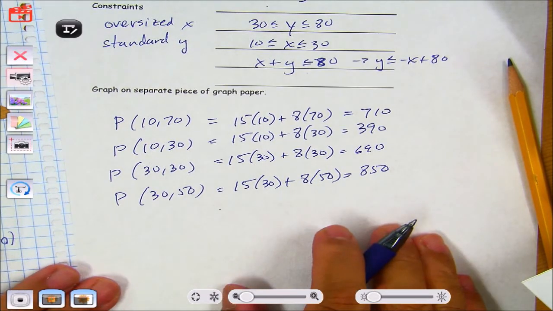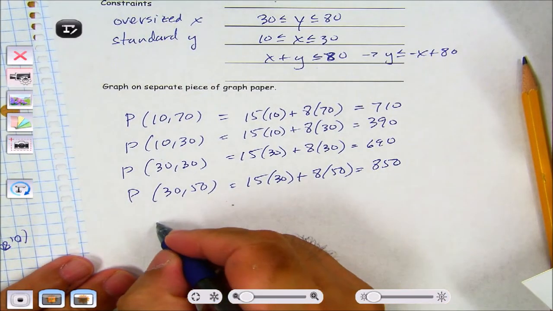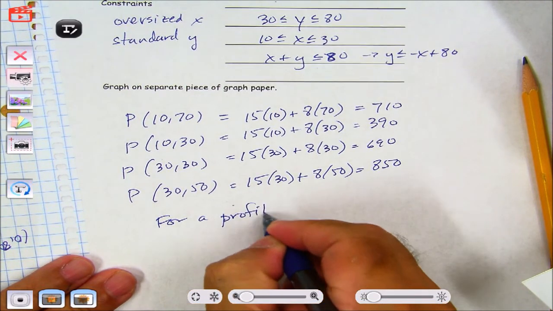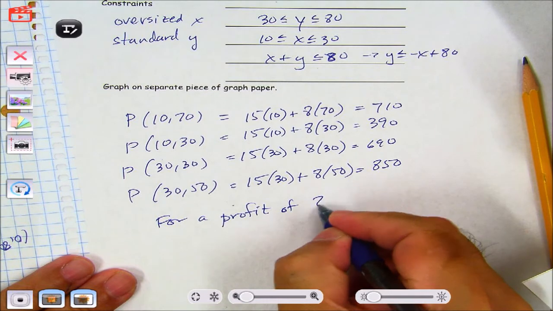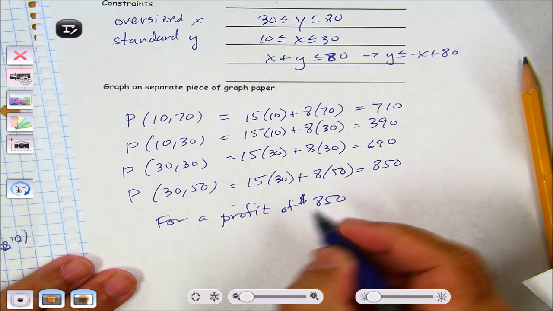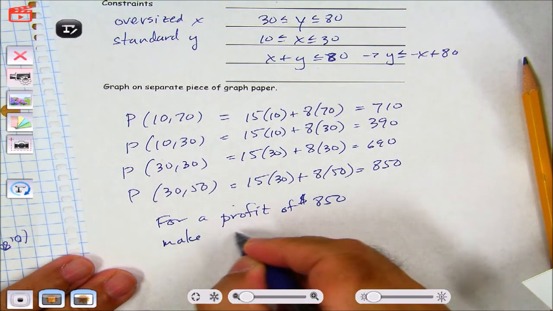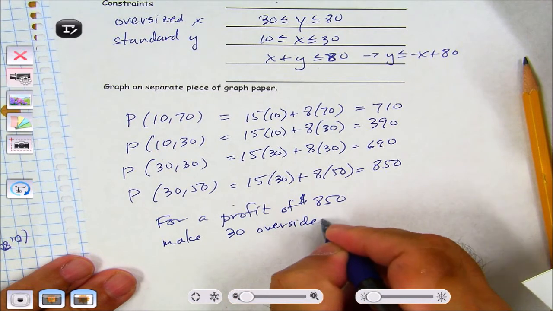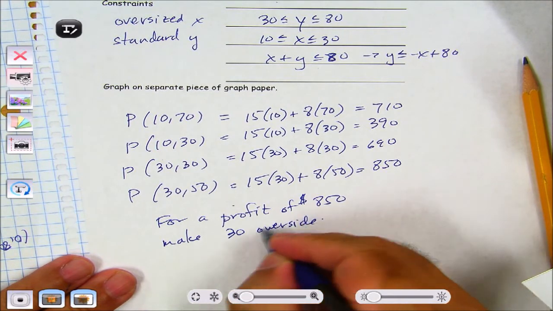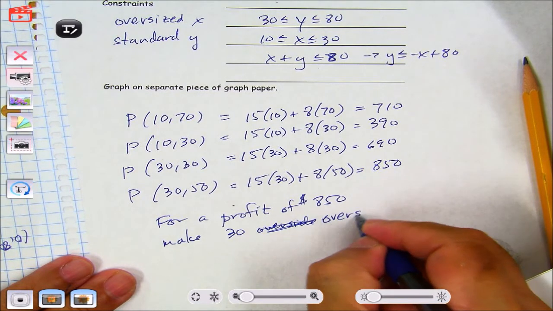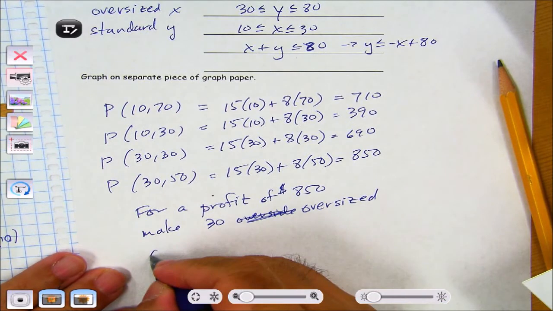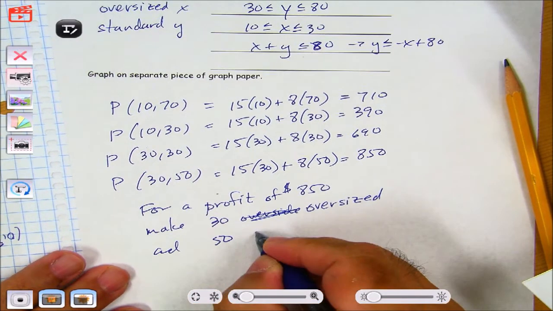So for a profit of $850, make 30 oversized rackets and 50 standard.